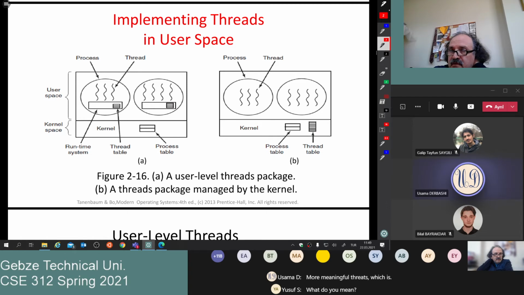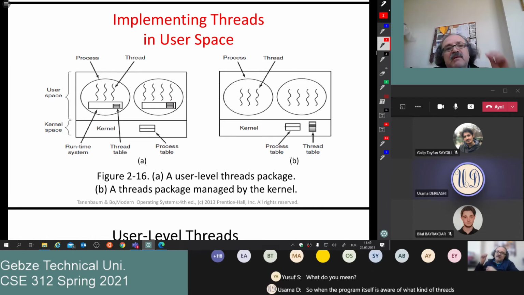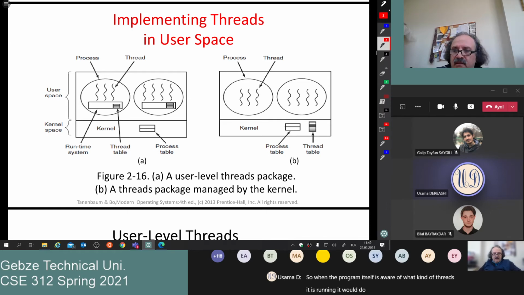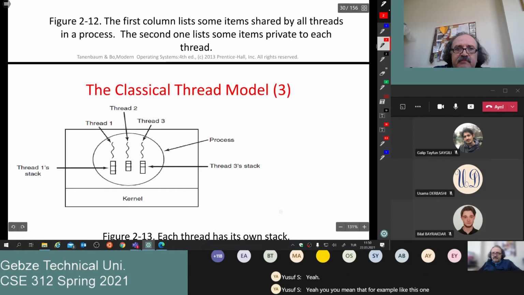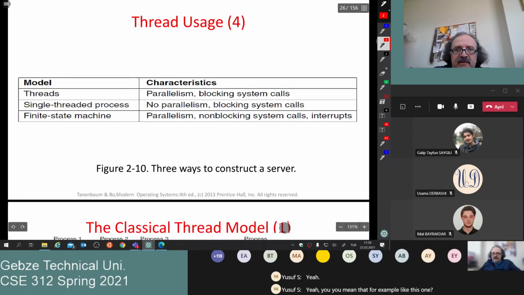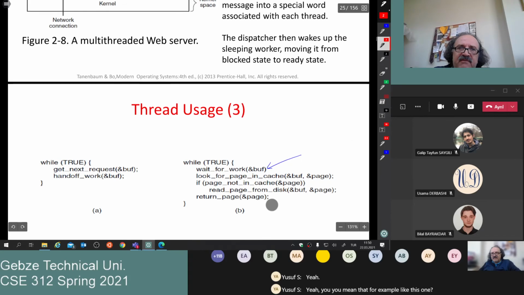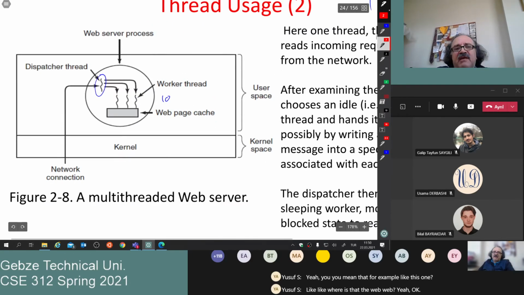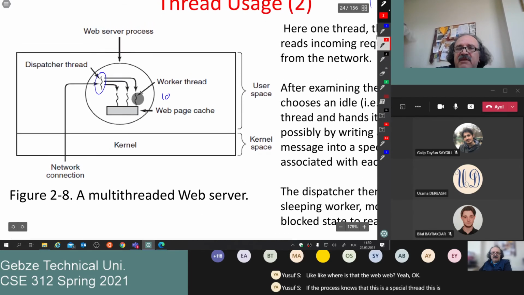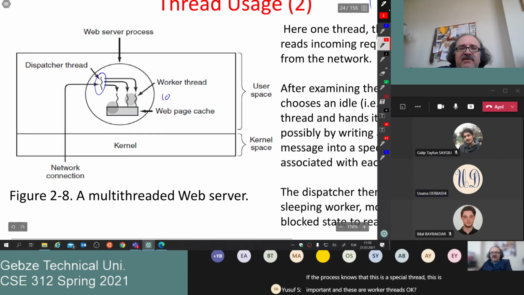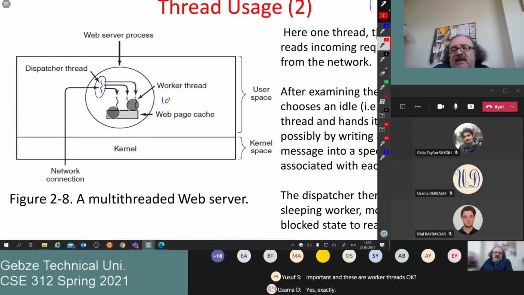When the program itself is aware of what kind of threads it is running, it would do better thread switches. Yes, exactly. If the process knows that this is a special thread, this is important, and these are worker threads: if one of the threads is dead, I am fine, I have 9 more.